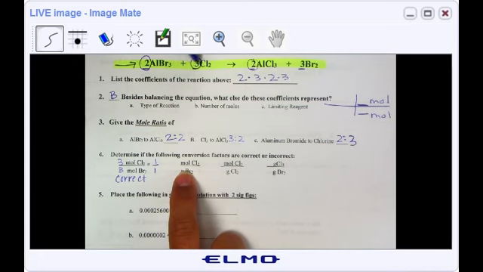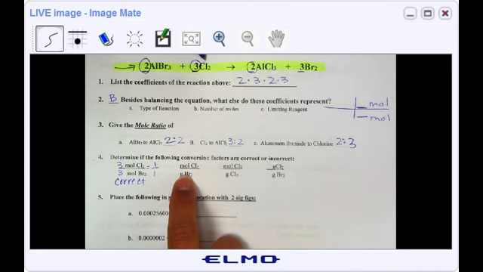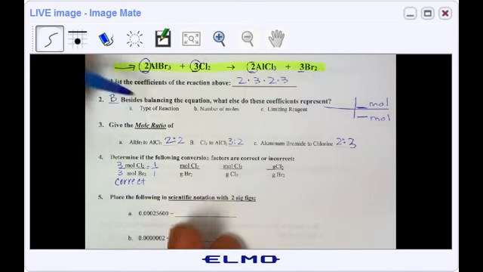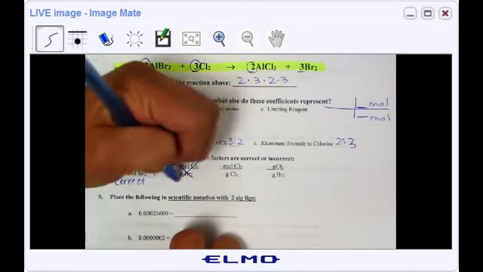This one, a mole of Cl2 is equal to a gram of Br2. So now they're talking about grams, moles to grams being equal. This is incorrect.